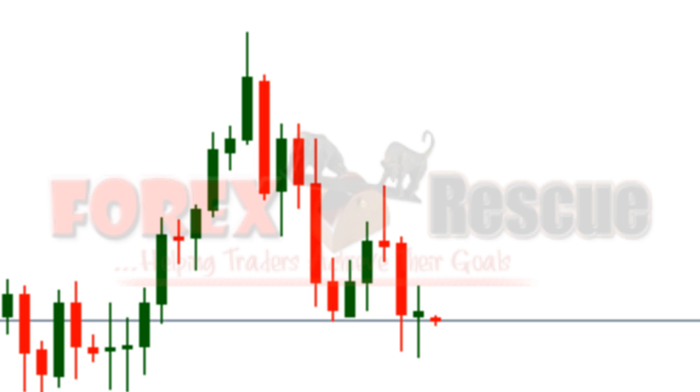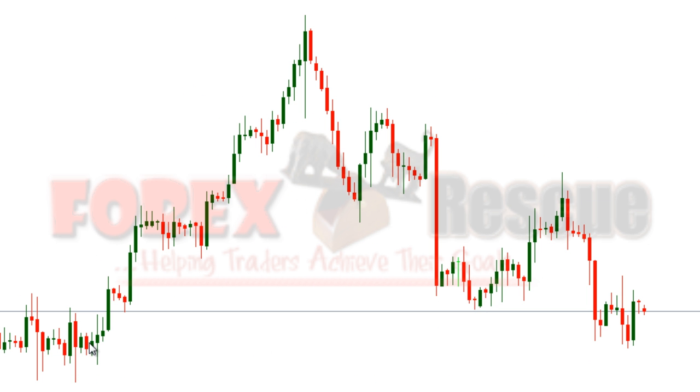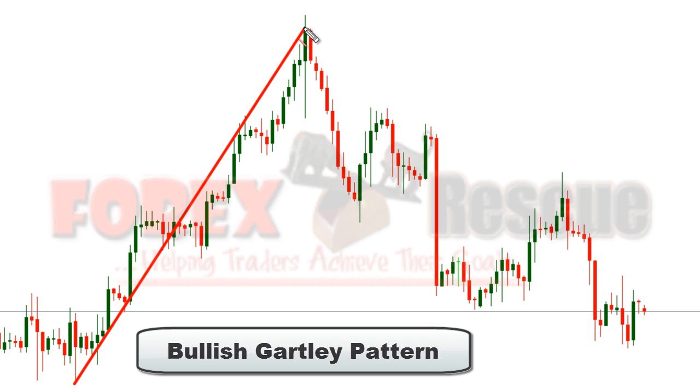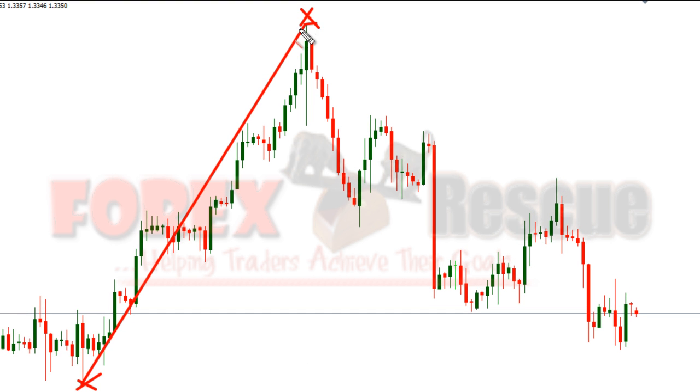Now, let me give you a practical example of what I've just said. If you look at this pair, we saw the formation of what we call a bullish Gartley pattern. This is point X here. This is point A. Now you connect it here.